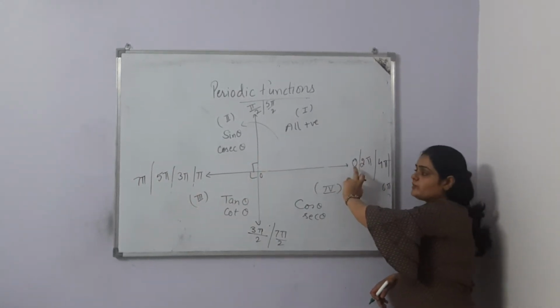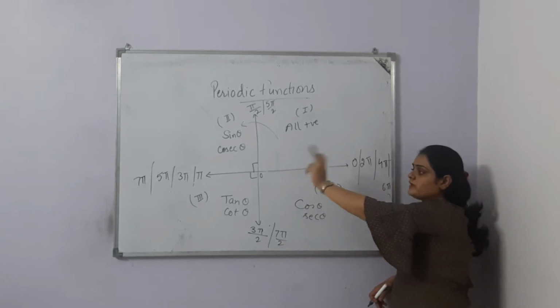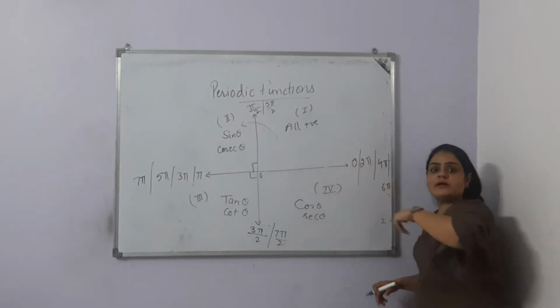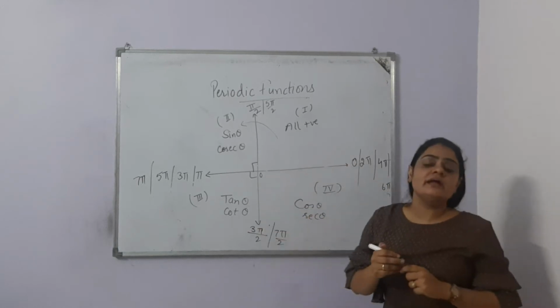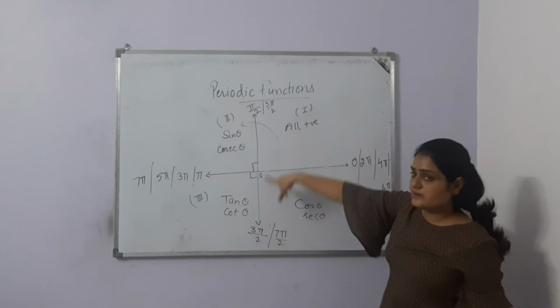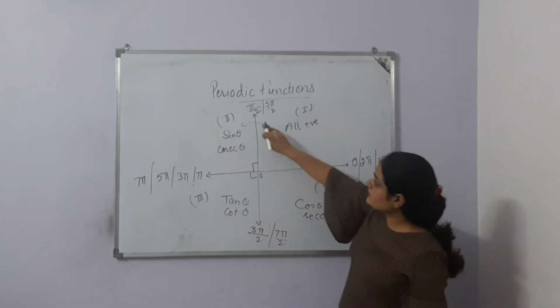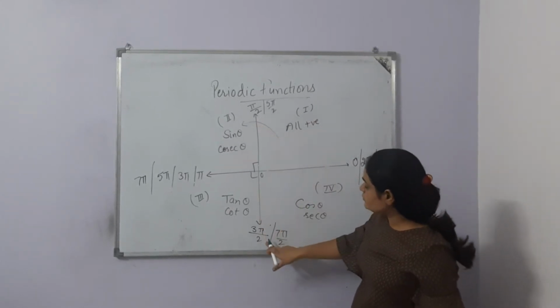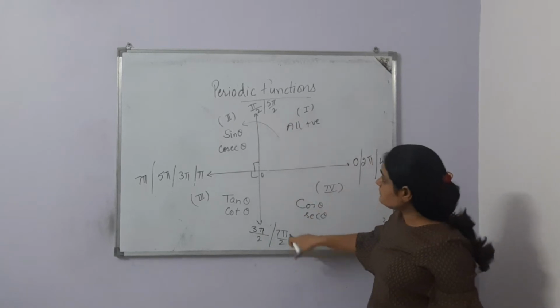So 0 means 0 pi. 0 pi, 1 pi, 2 pi, 3 pi, 4 pi, 5 pi, 6 pi, 7 pi, again 8 pi, 9 pi. I am getting the angles. And whenever I am on the y-axis, I am getting the angles pi by 2, 3 pi by 2, 5 pi by 2, 7 pi by 2.